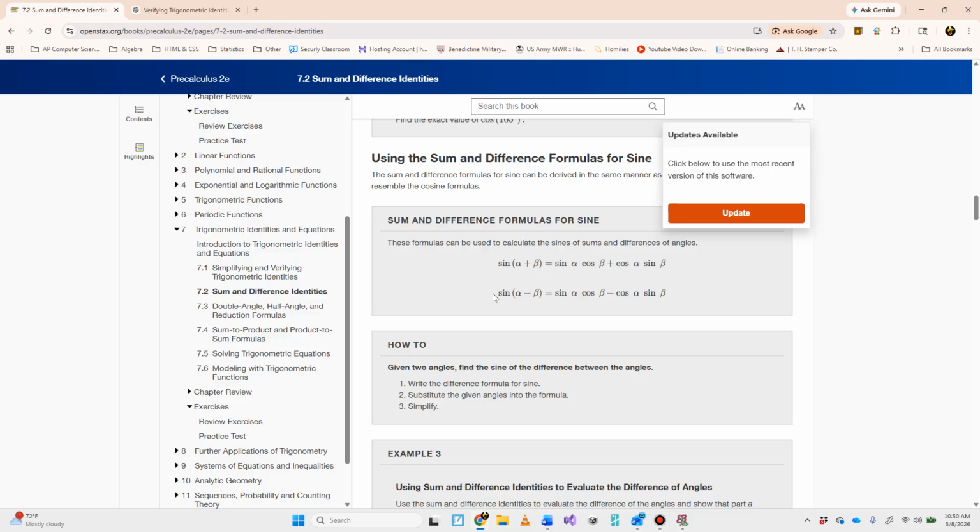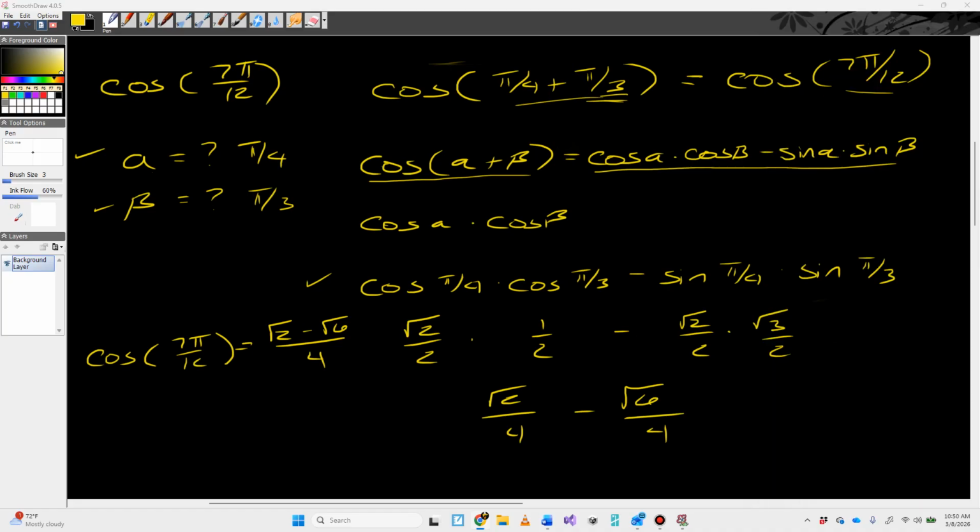So, for example, what if I were to say, same idea here. Instead of asking for the cosine of 7 pi over 12, I'm asking you for the value of 7 pi over 12 for sine. Well, again, we've already done half of the work here.